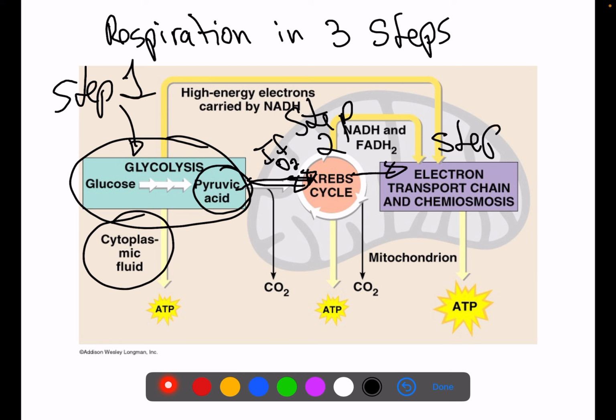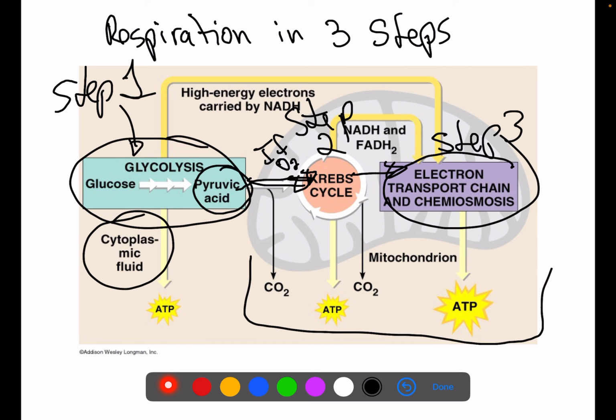That also requires oxygen. That's going to be where you will see the electron transport chain. You're going to see something called chemiosmosis. All of this is happening in the mitochondria. So steps 2 and 3, if oxygen is present, we'll use the mitochondria.